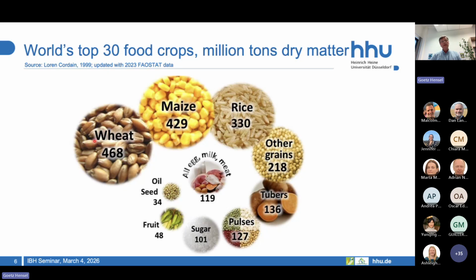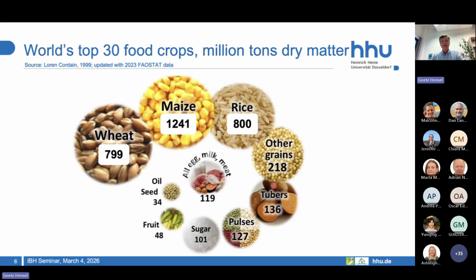In 1999, wheat was dominating before corn, maize, rice, and some other grains. I looked into recent numbers, which would change positions number 1 and 2, more or less. So corn is now the main grain for the world's nutrition, followed by rice and wheat, which are more or less equal. And we have here all the other ones.